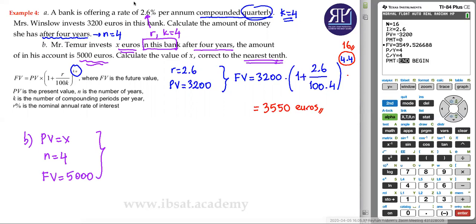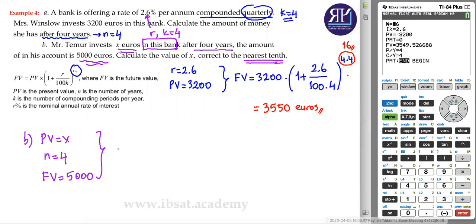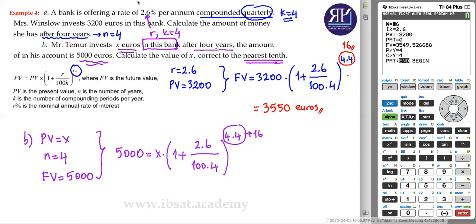Now, let's apply apps again. Apps, finance, time value of money solver again. Let's write the formula again: 5,000 will be X times (1 plus 2.6 over 100 times 4), because it is compounded quarterly, and the power will be 4 times 4, which is again 16 here.